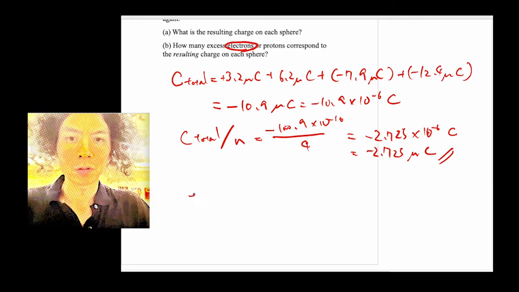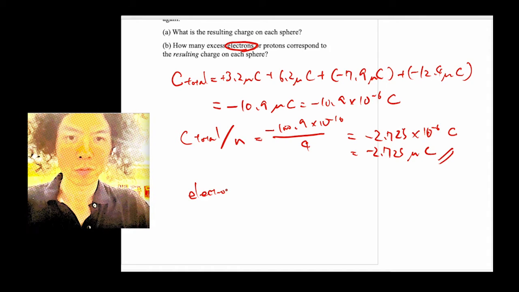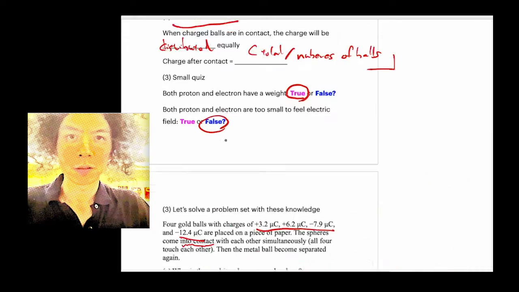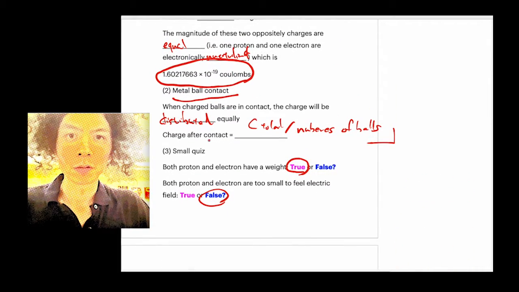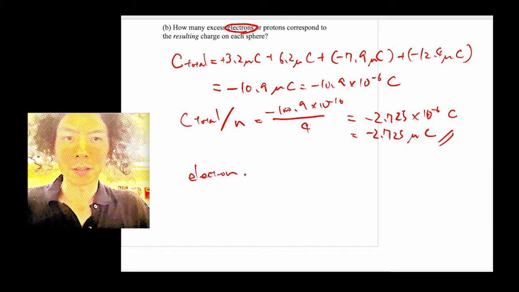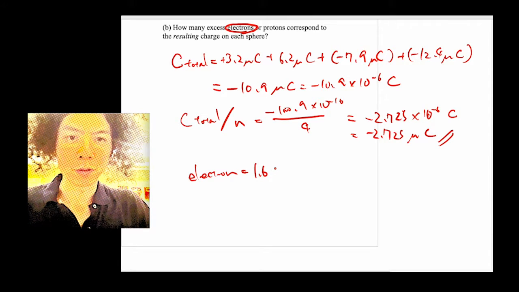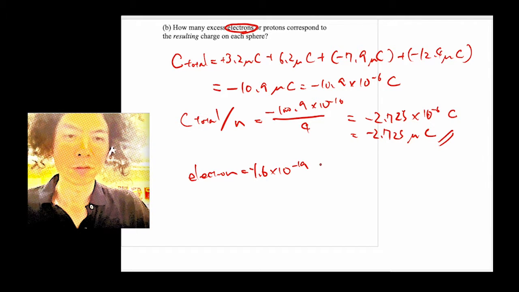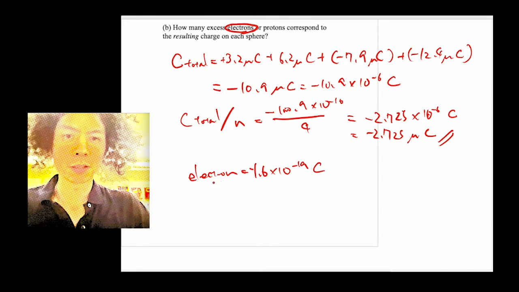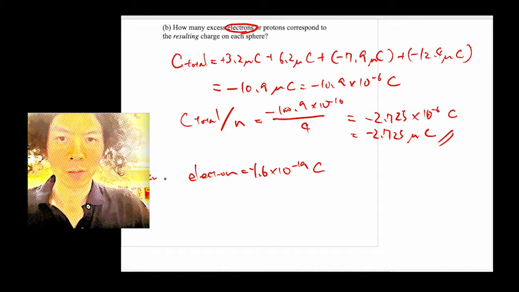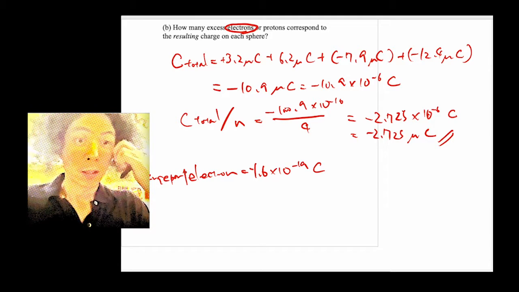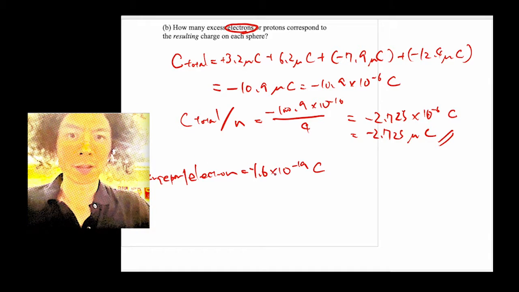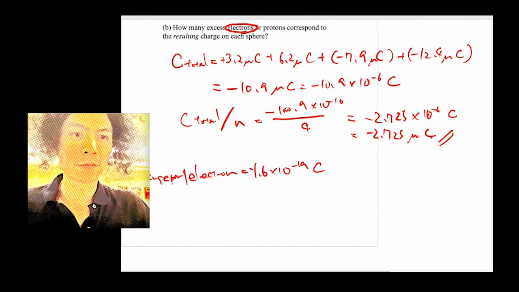One electron is charged by this amount: negative 1.6 multiplied by 10 to the negative 19th coulomb, which is a very small number. So this is the charge per one electron.